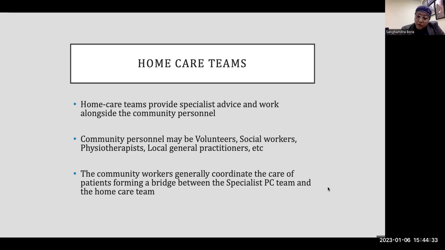Local general practitioners or doctors are extremely important links between the palliative care center and the community, because perhaps a patient would go to this particular doctor for a very trivial reason, but on investigation they find out that it has been diagnosed as a terminal cancer, or perhaps amyotrophic lateral sclerosis, or so many other terminal diseases.